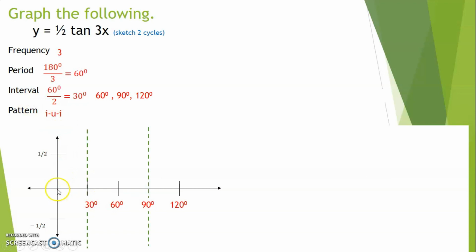The pattern is intercept, undefined, intercept, undefined, intercept, undefined, and so on. Graphing this, it will be going up, so you can extend infinitely up. So this is the graph for 1/2 tangent 3x.